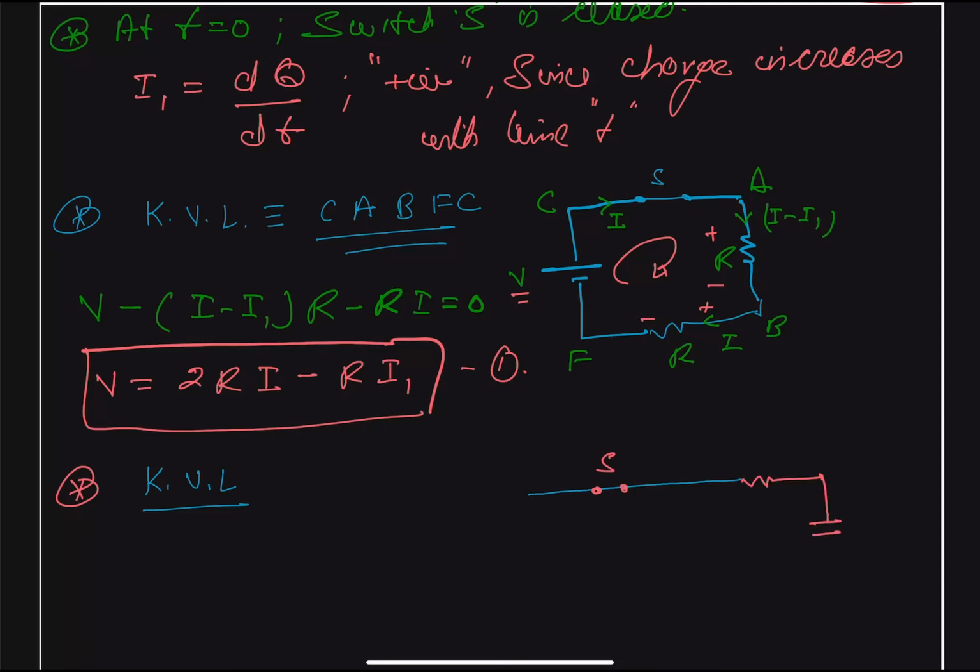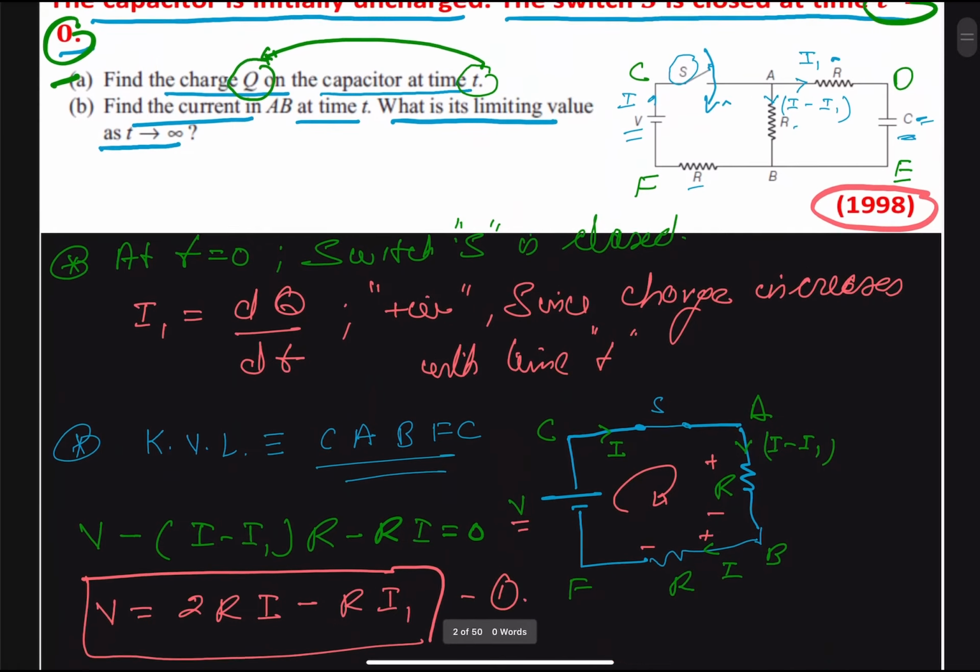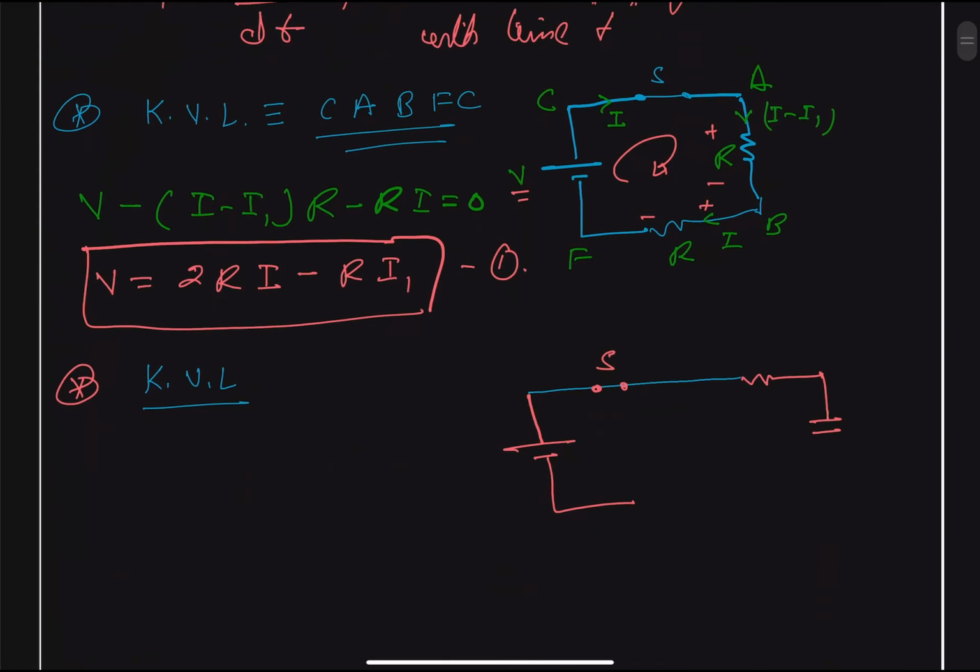Here we have a capacitor, supply voltage, and there is a single resistance here.